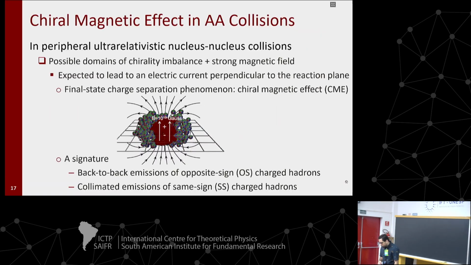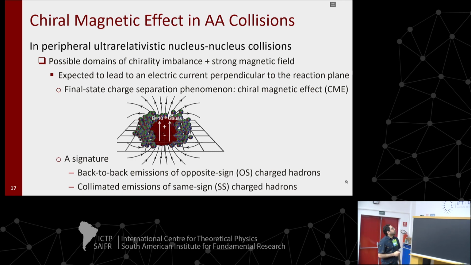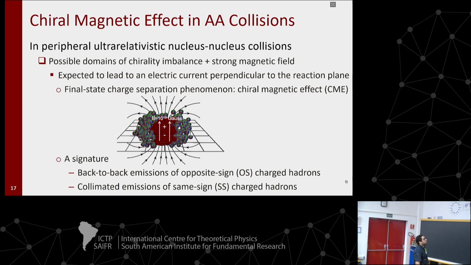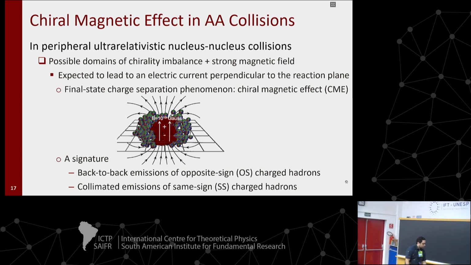So what's the signature of the chiral magnetic effect in heavy ion collisions? We expect a charge-dependent correlation. Some of the presentations already mentioned this.